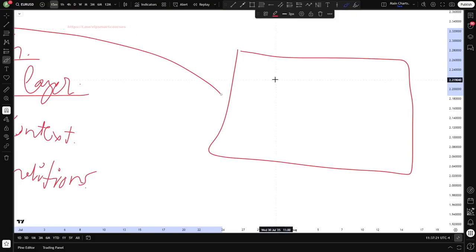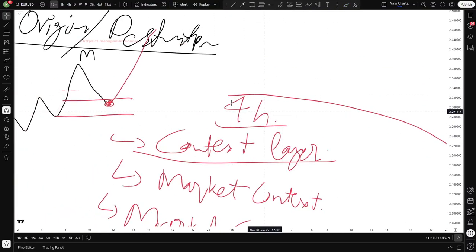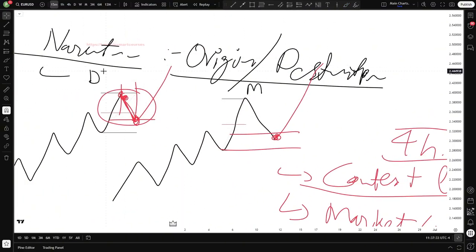Okay, something like this. So on the daily time frame, using this narrative part and the directional bias layer, when price was right here, you determined that our directional bias for the day is bearish and the short-term drawn liquidity is here, because the origin for the bullish range expansion is lower, and the bullish expansion will begin once we rebalance this dealing range.